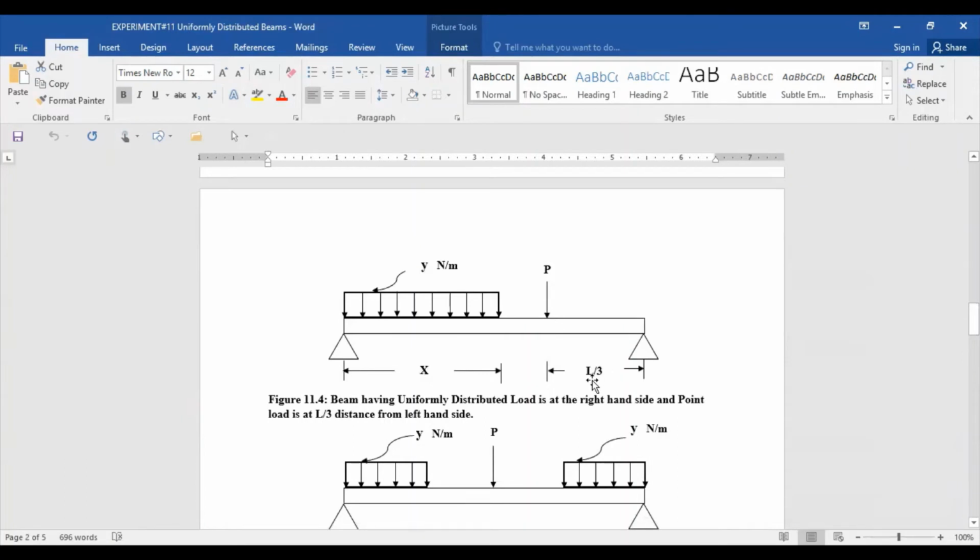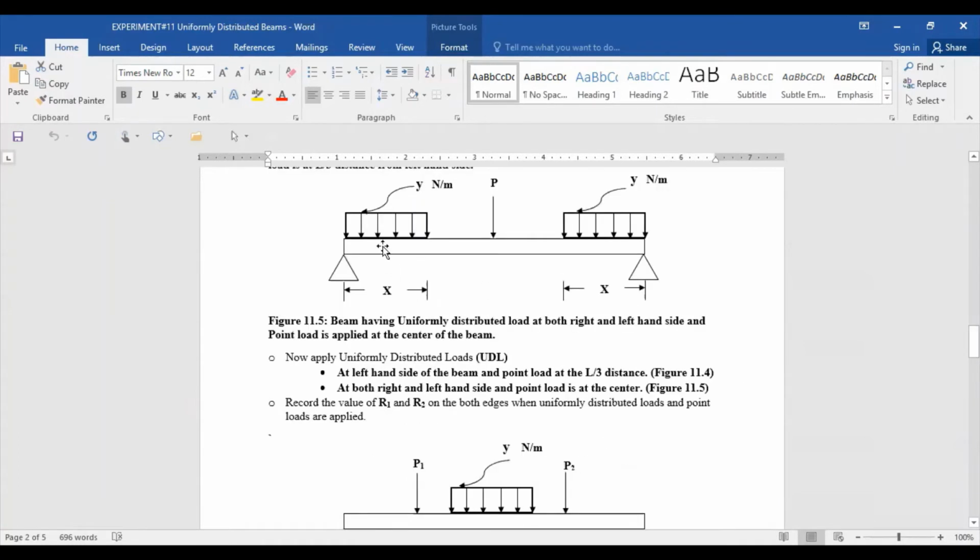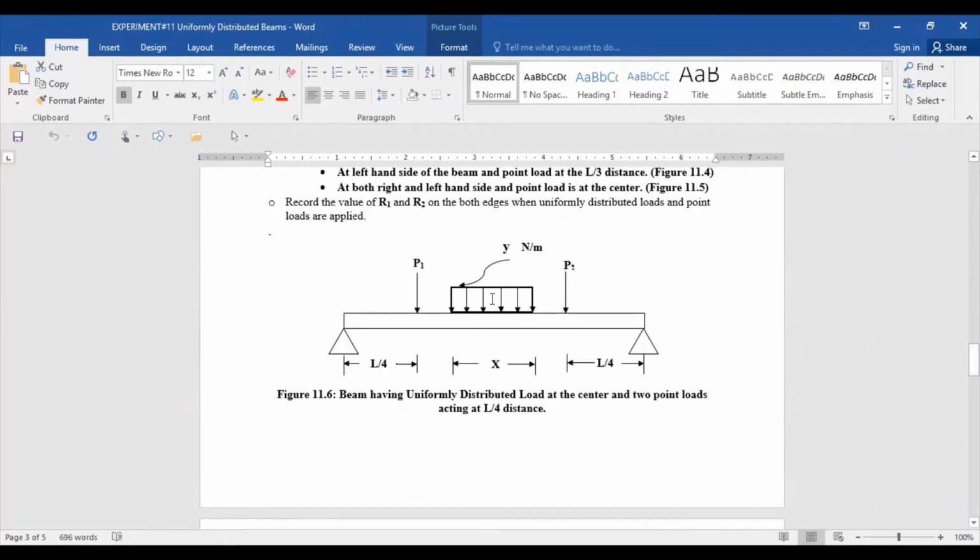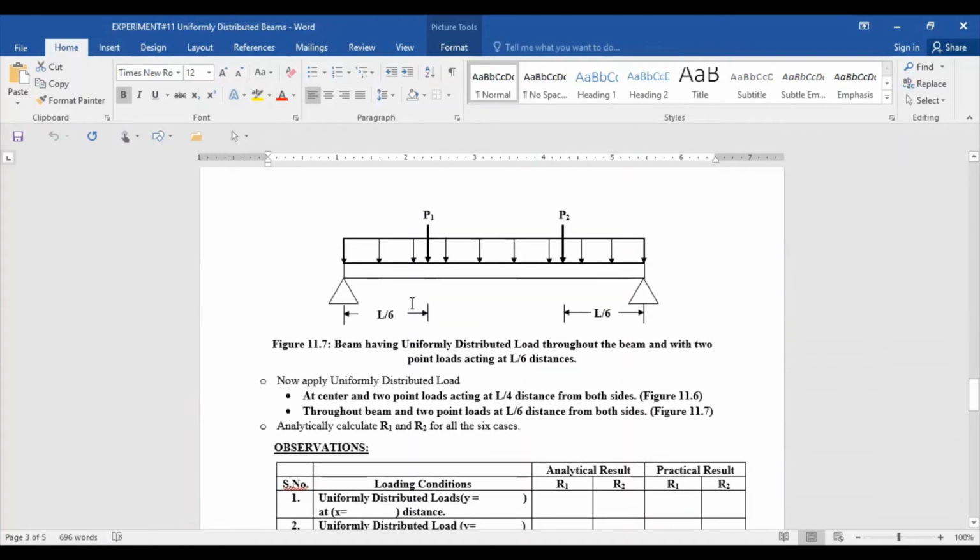So here you can take L by 3, that is 100 centimeter divided by 3, so you can take this distance. You will put the paver here, this is x, this is x. At the center you will take the point load, and uniformly distributed load here. You will take a paver at the center, and point loads at L by 4, L by 4. So this is another case.